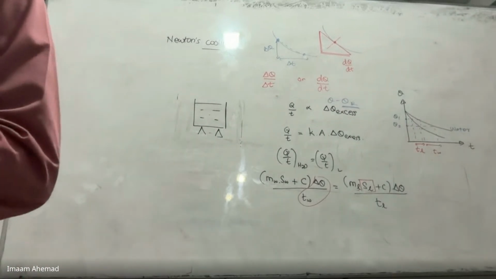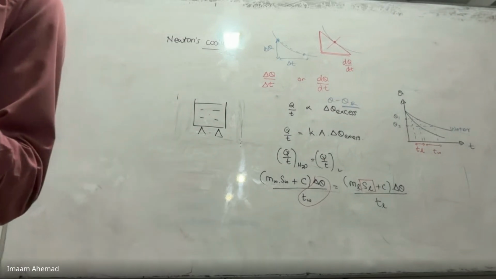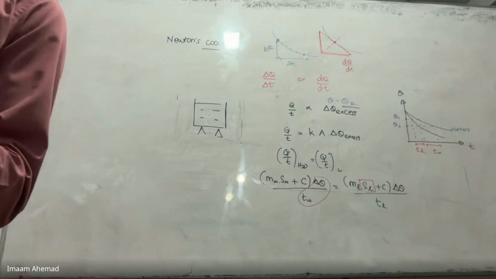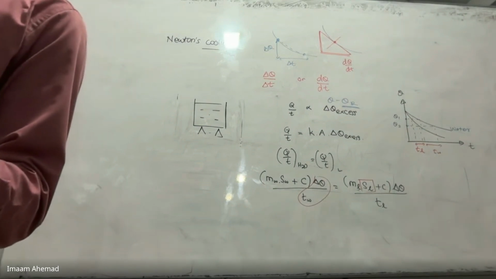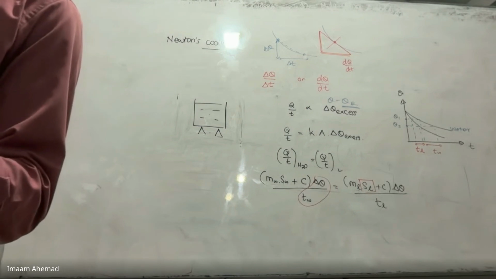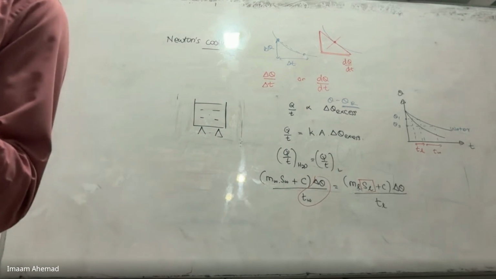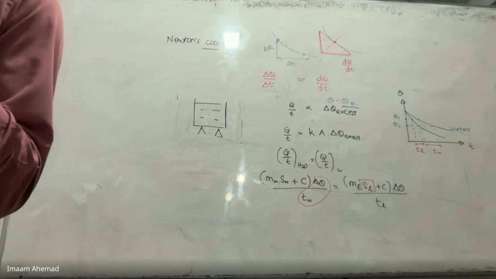Then for that we continuously stir it. Reason: to have a uniform temperature in the liquid. Wall and liquid should be the same temperature. Then the remaining question is same.